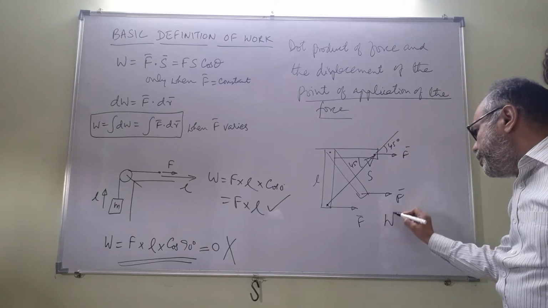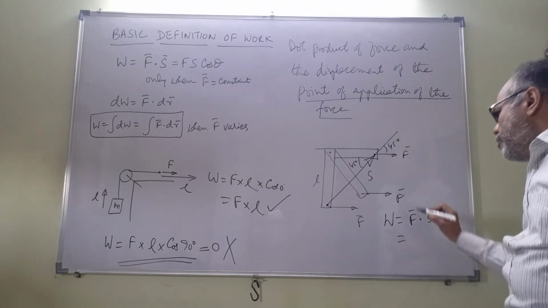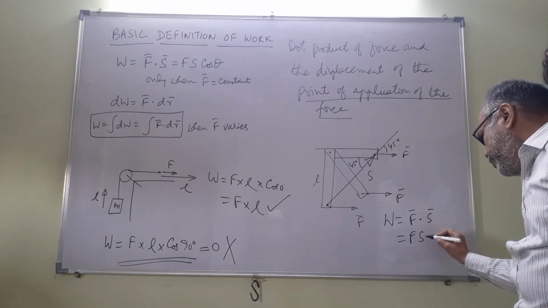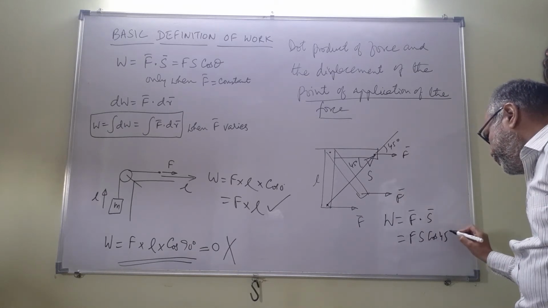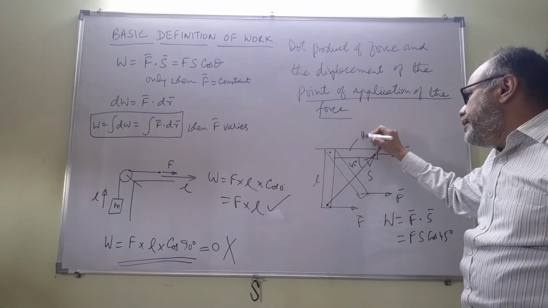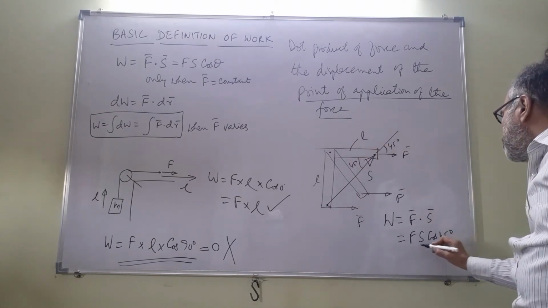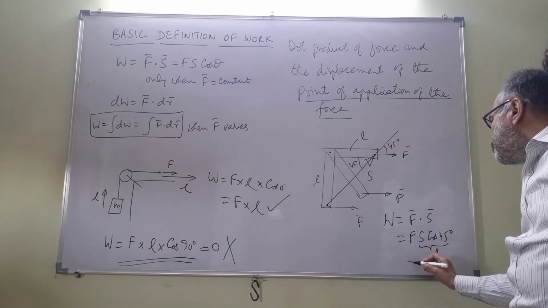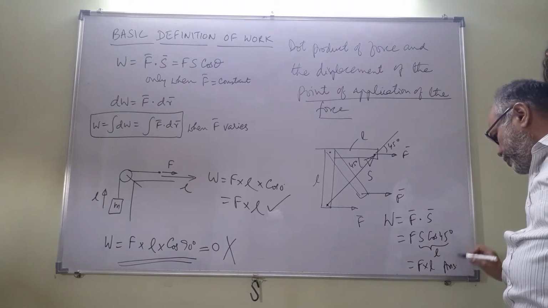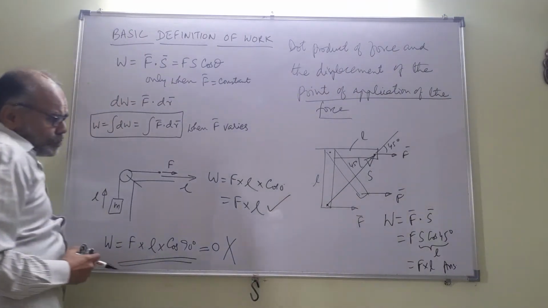So the work would be force into the displacement of the point of application of force, which is S, which would be F into S into cos of 45. S cos 45 is nothing but the length L. So this would simply be F into L. That would be the answer. That is the work done by the force.